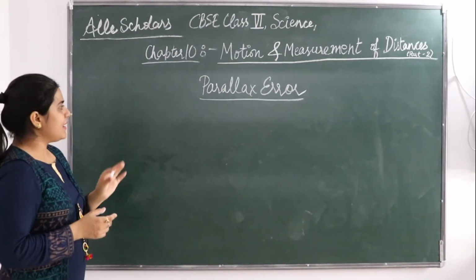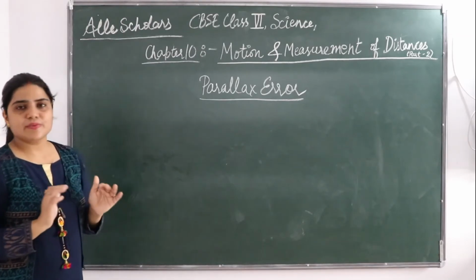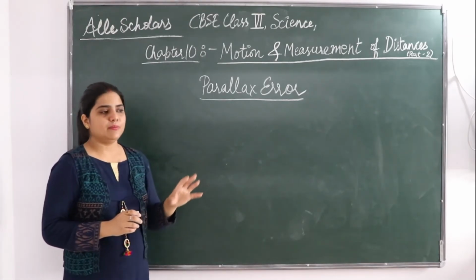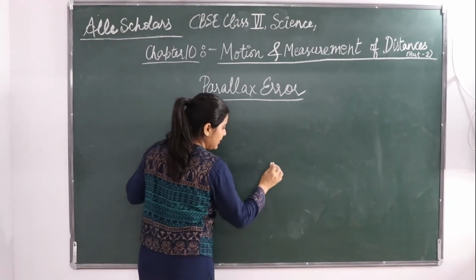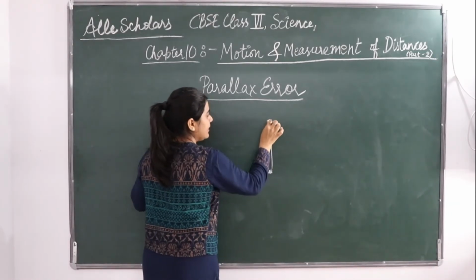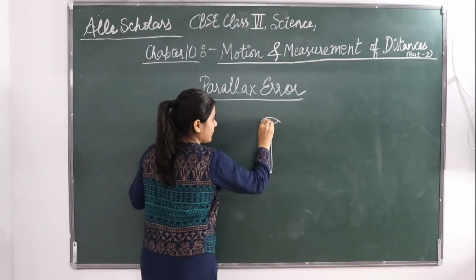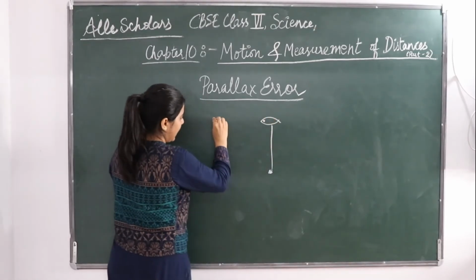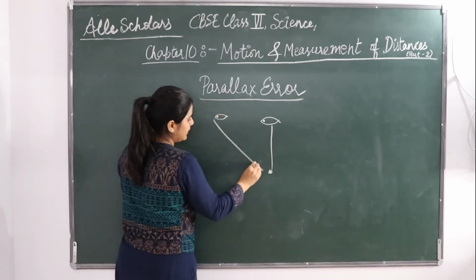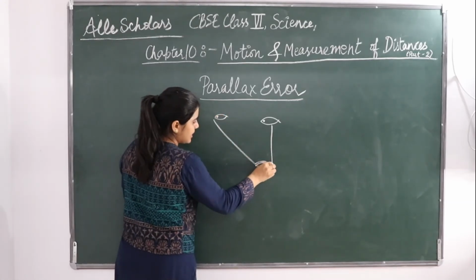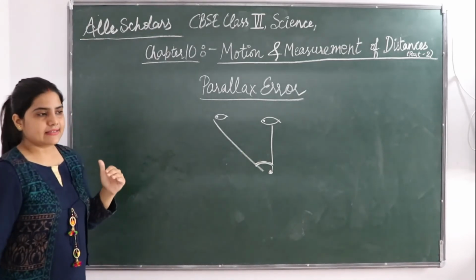So while measuring, the eye must be exactly above the point where the measurement is to be taken. If the measurement is to be taken here, the eye should be exactly here. If eye is here, it will lead to this error. This error is called parallax error.